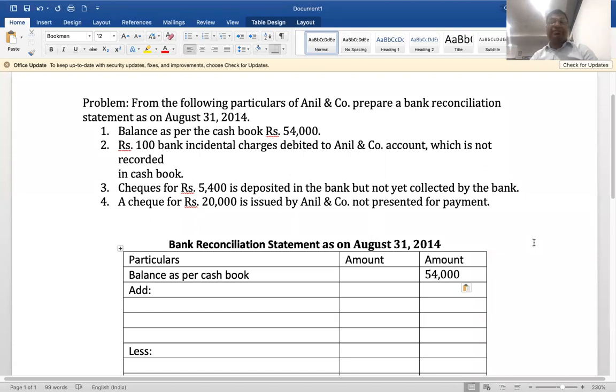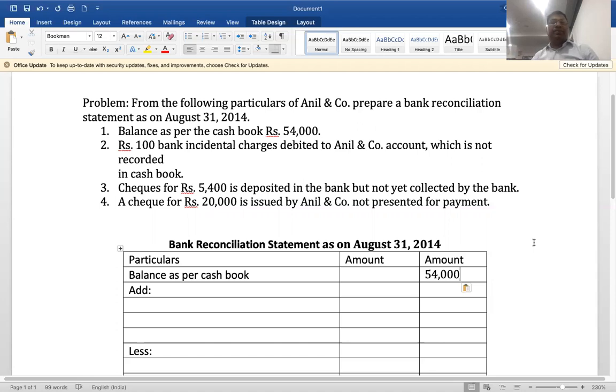Even if it is a double column cash book, sometimes there's a cash book with only bank and cash columns, without discount. Generally double column cash book means cash and discount. That's what we see often. But if there's a double column cash book with bank and cash, then you can consider that.